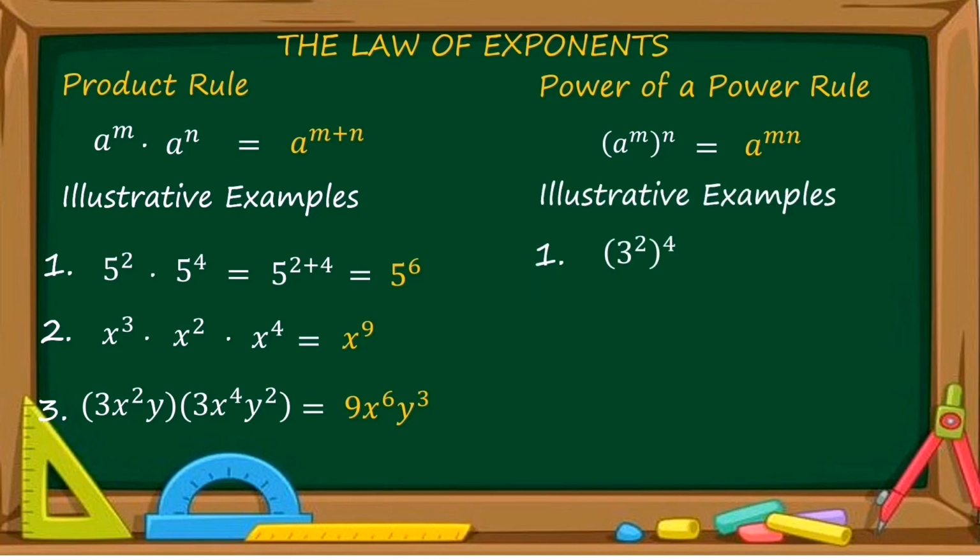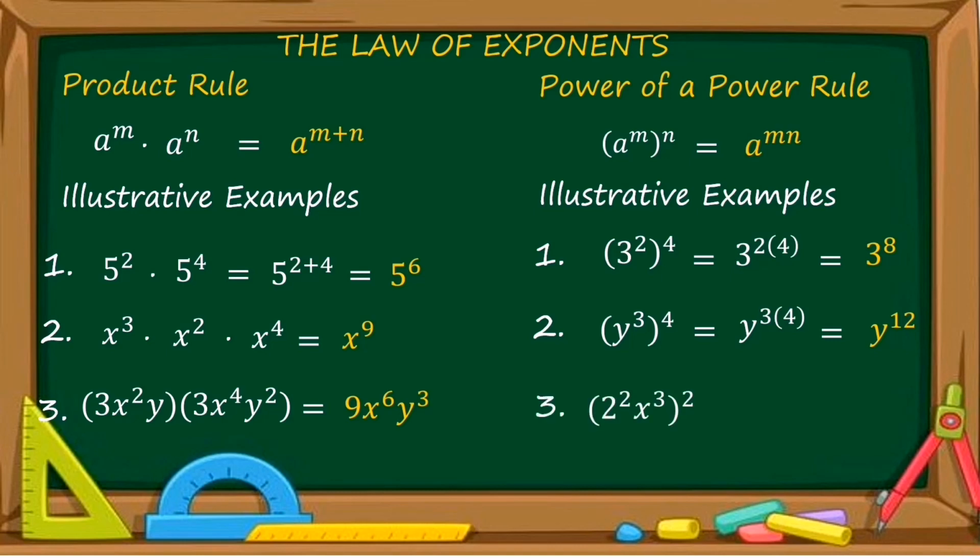Number 1. 3 raised to 2, raised to 4, is equal to 3 raised to 2 times 4. Simplifying it, it is equal to 3 raised to 8. Number 2. y raised to 3, raised to 4, is equal to y raised to 3 times 4. Simplifying it, it is equal to y raised to 12.